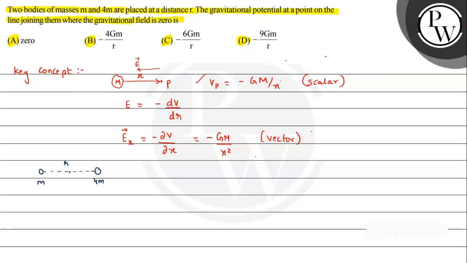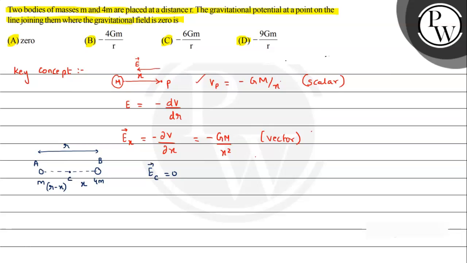We consider a point here, let's say this is point A, this is point B, and this is our point C. If we assume x is the distance of C from the 4m mass, then the distance from the mass m will be r minus x, since the total distance between A and B is given as r. The gravitational field at C is given as 0.